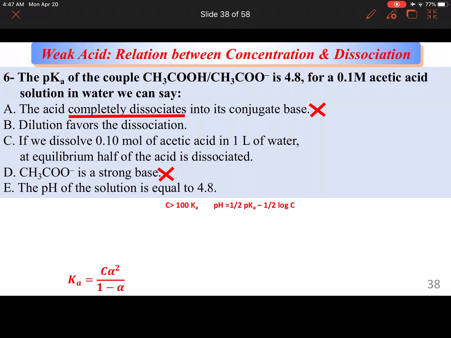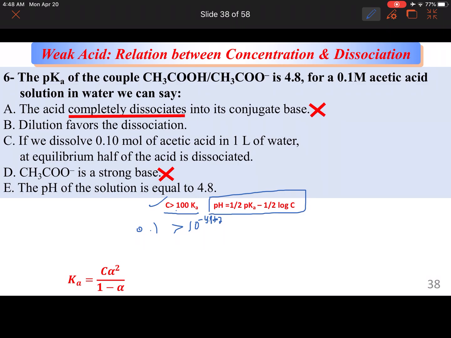If I look at my concentration, 0.1, clearly that concentration is greater than 100 Ka, because my Ka is 10 to the minus 4.8. Multiply it by 2, so that's like plus 2 here. And definitely this 0.1 is still bigger than this number, okay? So you could do that in your mind, and therefore I could easily get pH.